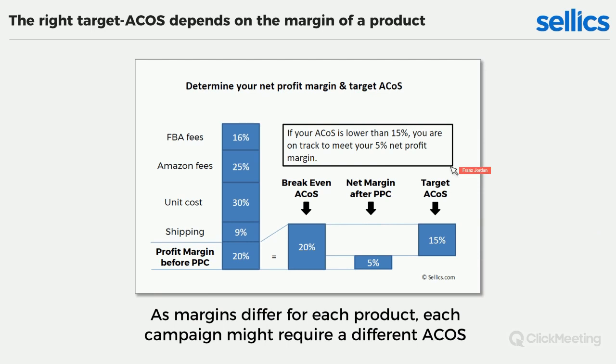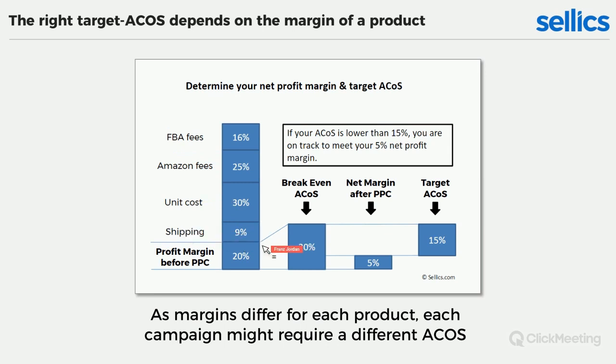So a good target ACoS really depends on your margins. Any product has a certain set of fees and costs. We have Amazon fees, FBA fees, unit costs, and shipping costs.